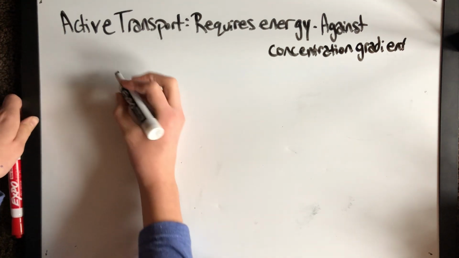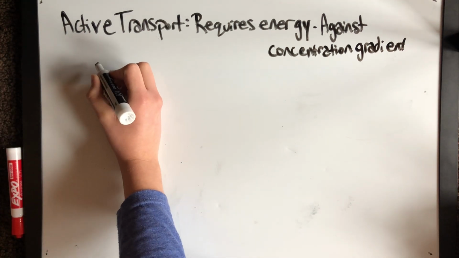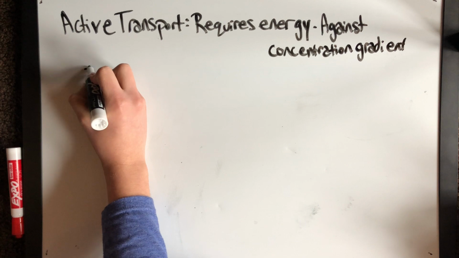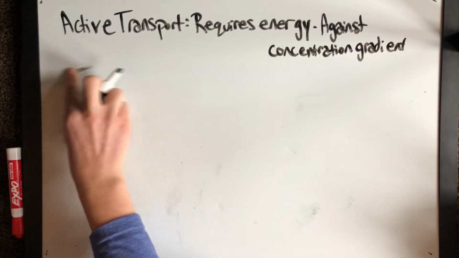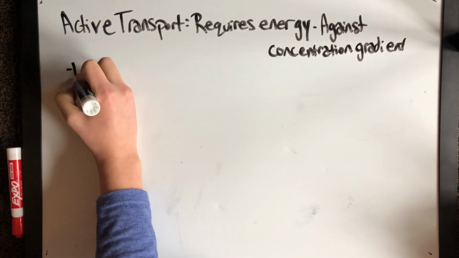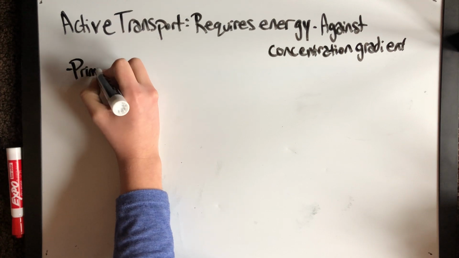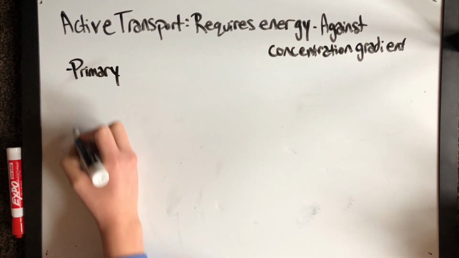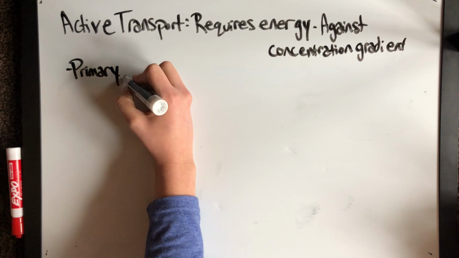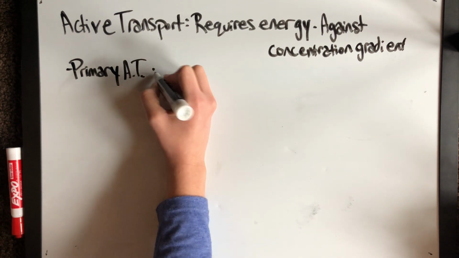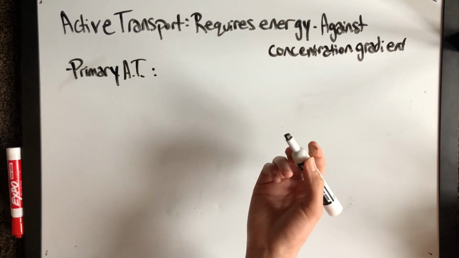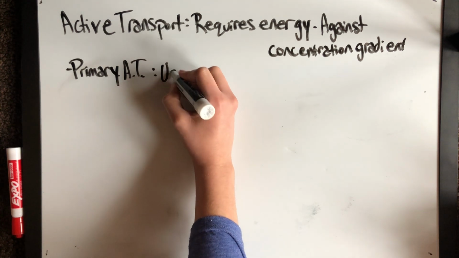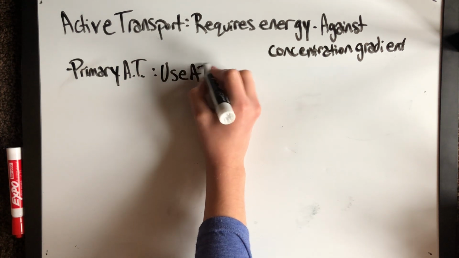Okay, so we've got two big types of active transport. We've got primary and secondary. Primary active transport, we'll just put primary AT because I have a small board. Primary active transport is going to use ATP directly.